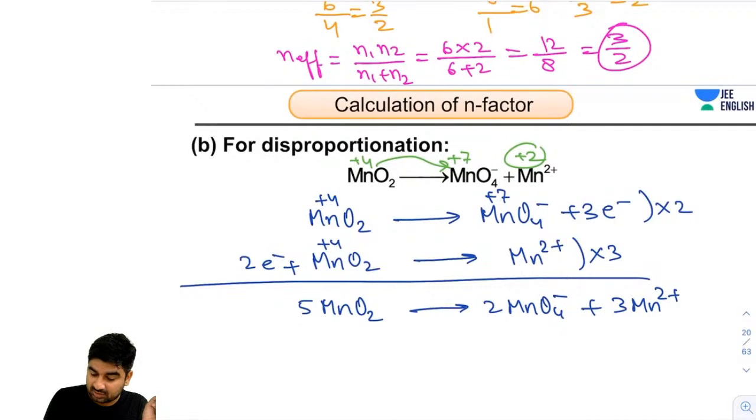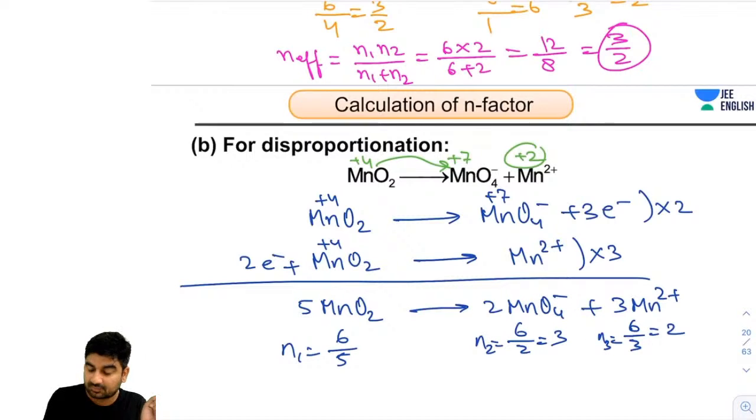So how many electrons are cancelling? So this is the n factor, right, guys?